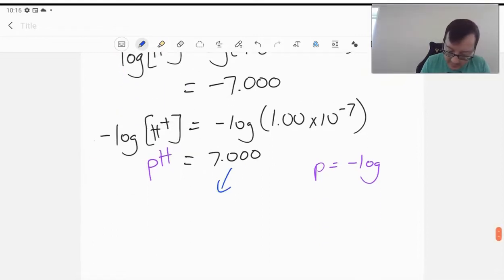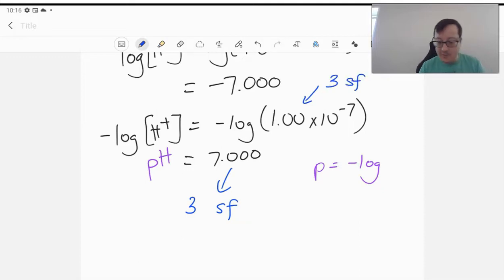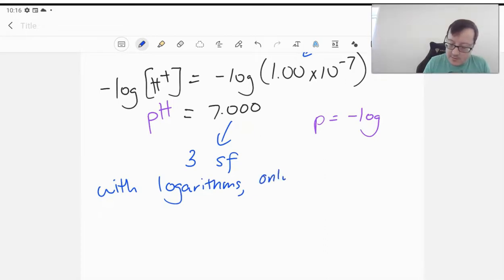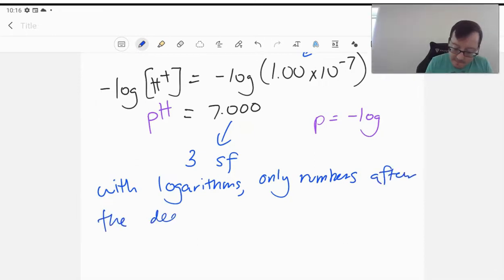This number is only 3 sig figs. Notice because our original number was also 3 sig figs. So with logs, only numbers after the decimal are significant.